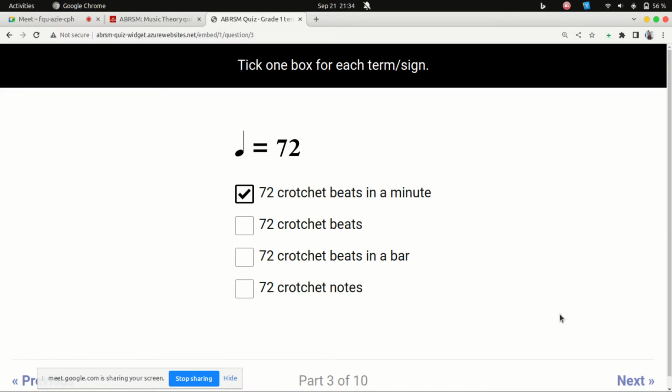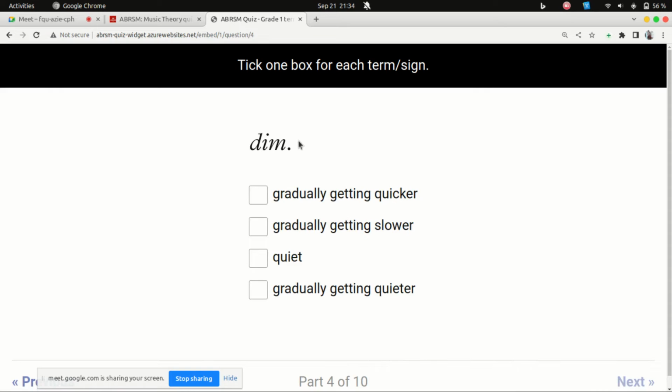And then we have dim. Gradually getting slower. No, quieter. Gradually getting quieter. Diminuendo. I think it's the same. Yes.